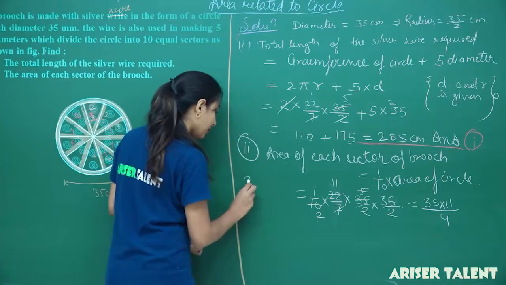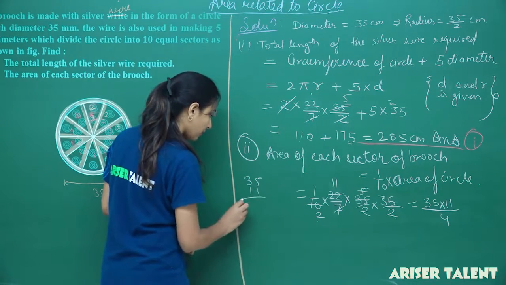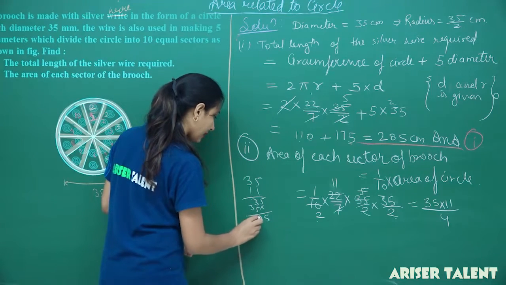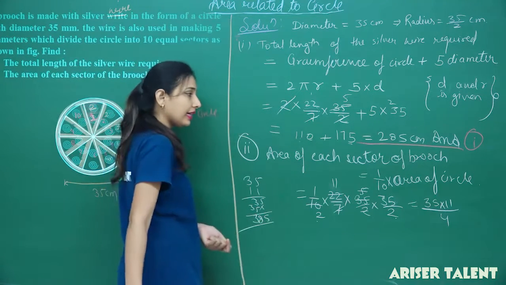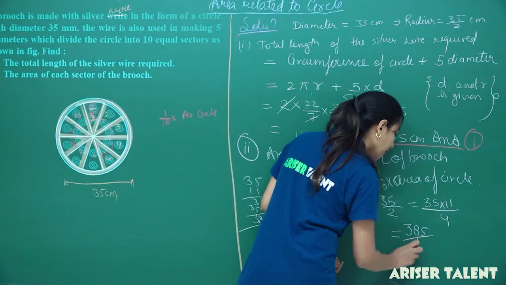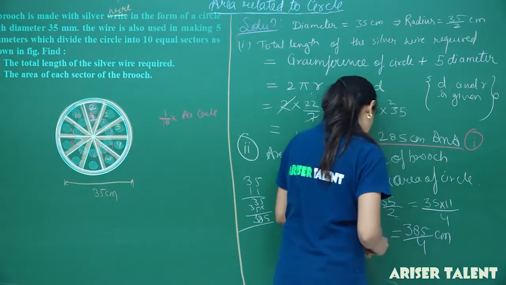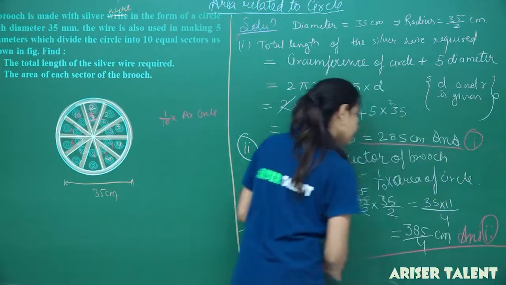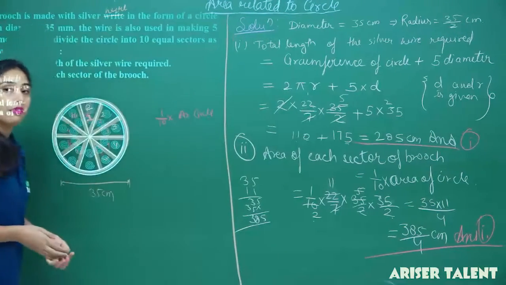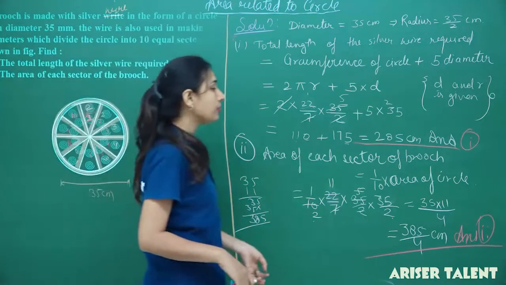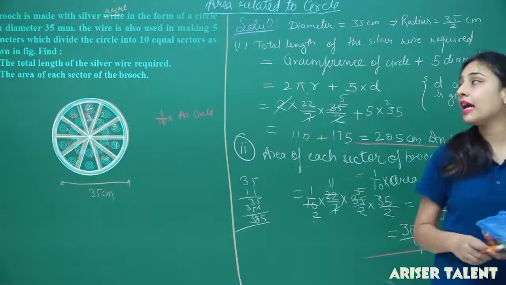Now 11 multiplied by 35 will be 385. So 385 by 4 centimeters square is your answer number 2. Note it without any delay, and we will solve the next question then.